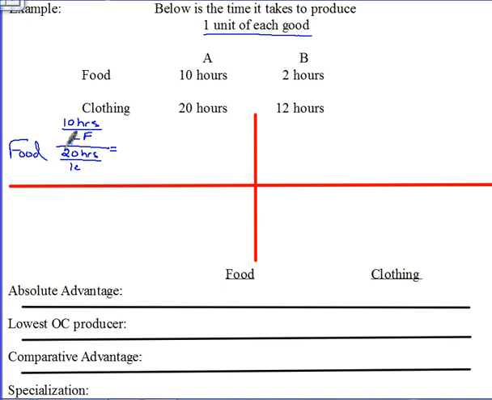And the way it's going to do that is we're going to take the numerator and multiply it by the reciprocal of the denominator. So we can say 10 hours over 1 food times 1 clothing over 20 hours.